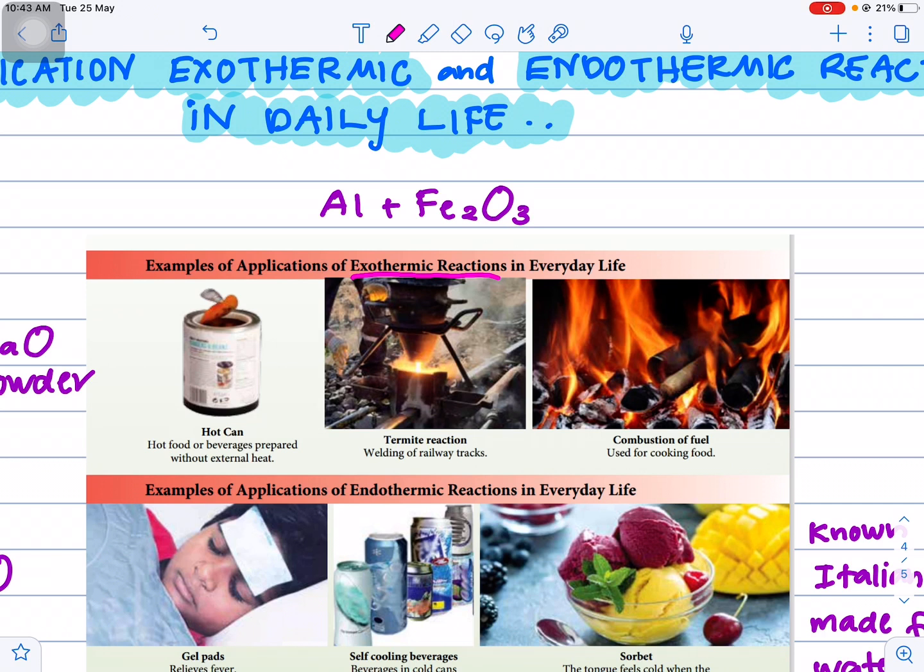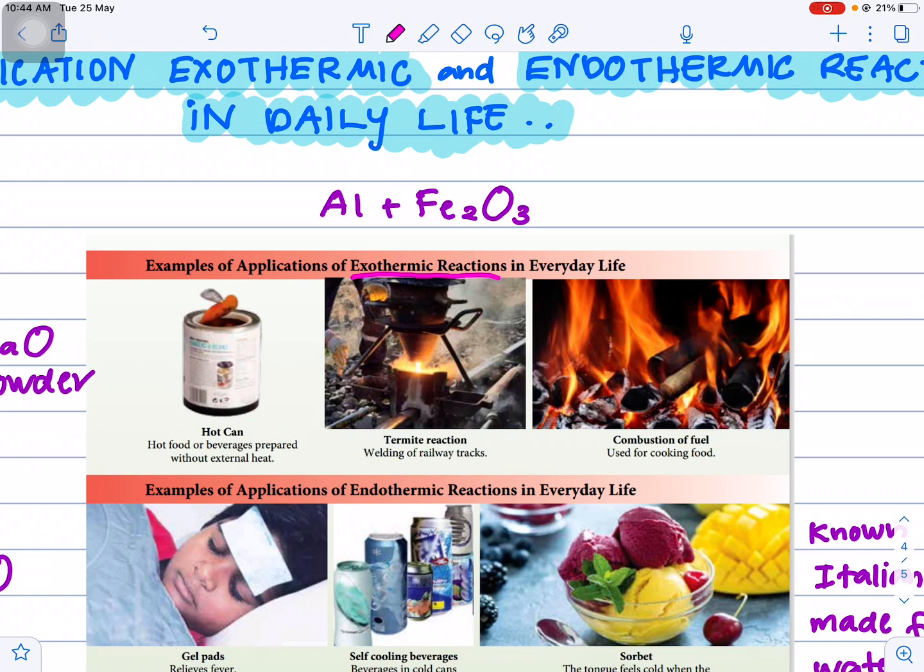How can we activate this hot can? When we buy the hot can, we get the hot can and also a rod, one rod. And the hot can has 3 holes. When we want to activate our hot can, we use the rod and push it inside the hole of the hot can.